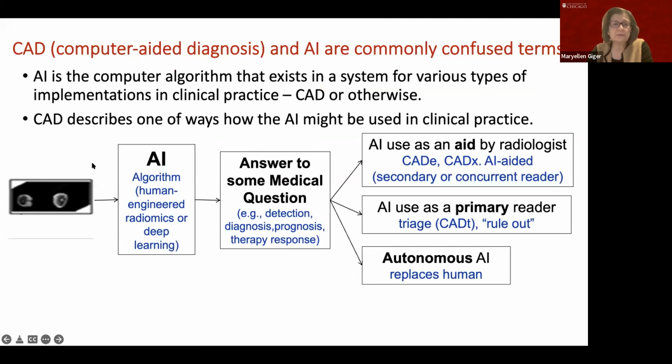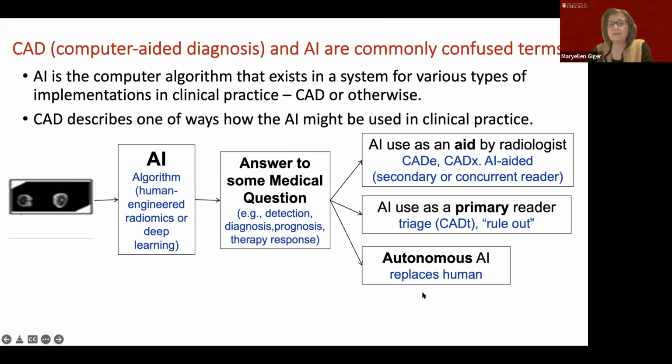So it's very important to understand the images, the algorithm, and the medical question, but it's also important to understand how will that AI be used by the end user. Will it be a secondary or concurrent reader? Will it be a primary reader or a partial primary reader, such as in triage and rule out?